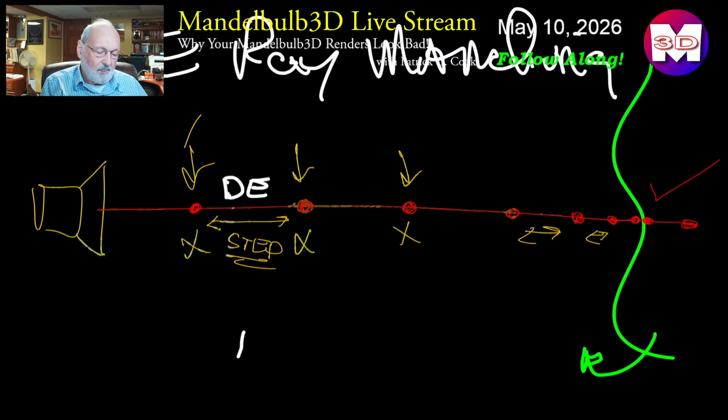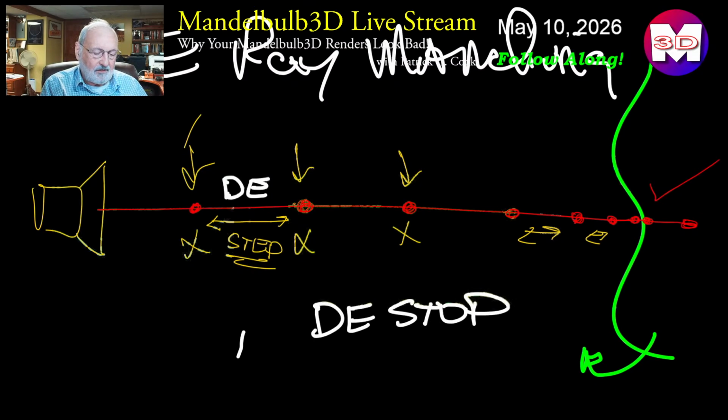All right? So the DE stop is one of your first controls that will determine just how precise the ray stepping is going to be. A higher DE stop is going to have a larger threshold. A lower DE stop is going to have a smaller threshold.